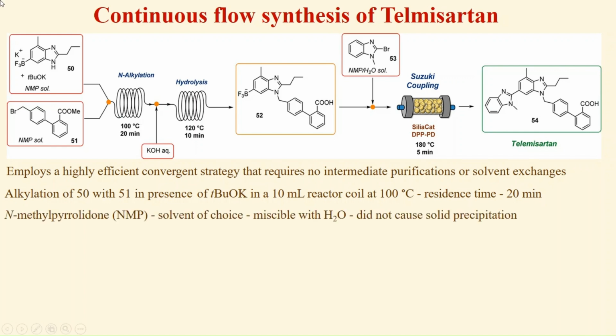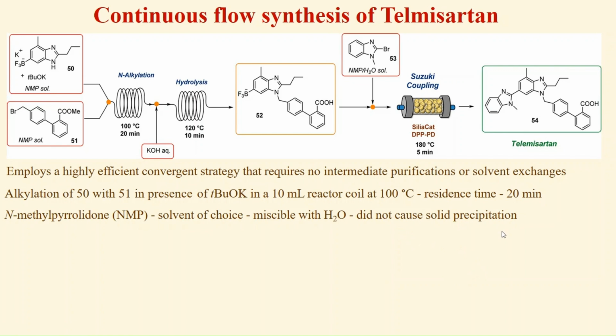N-methylpyrrolidone has been used as a solvent of choice as it is a polar aprotic solvent which is miscible with water, and hence it does not precipitate. If precipitation occurs, the possibility of clogging is also there, and that can be prevented by using this solvent.